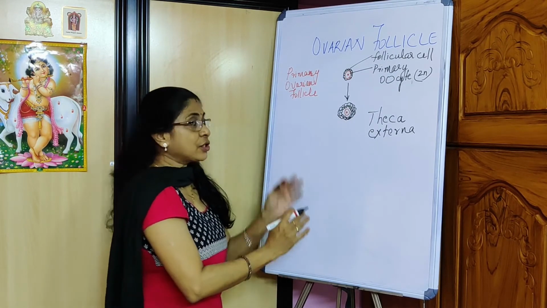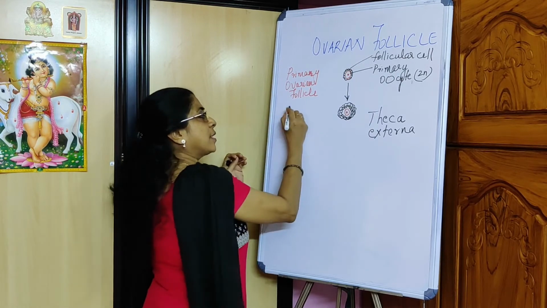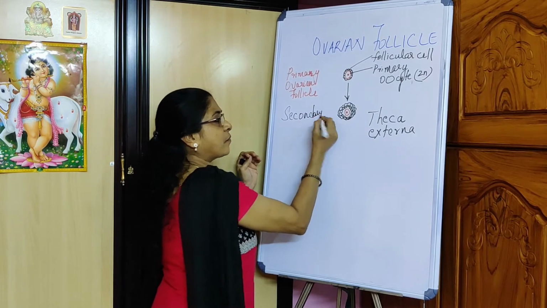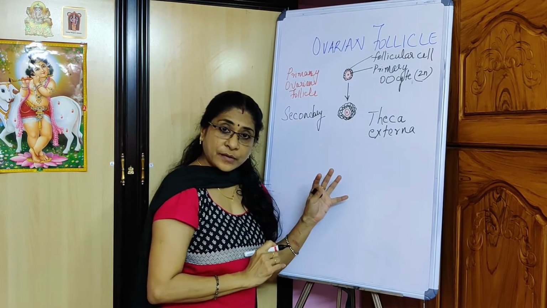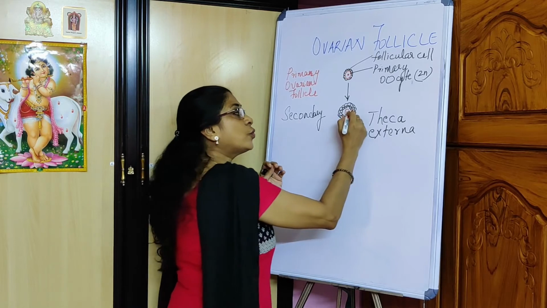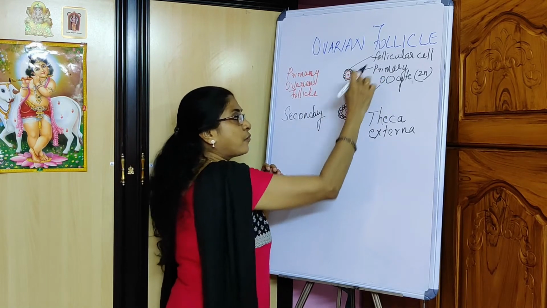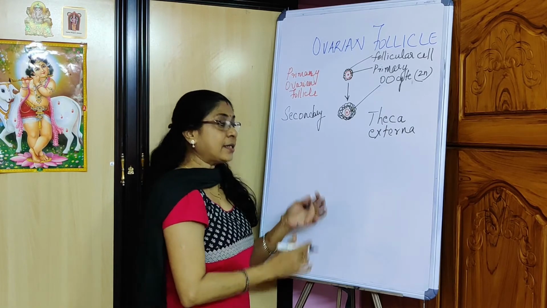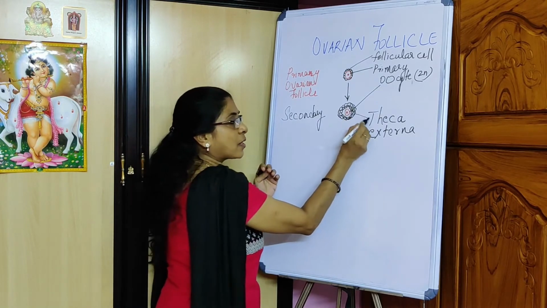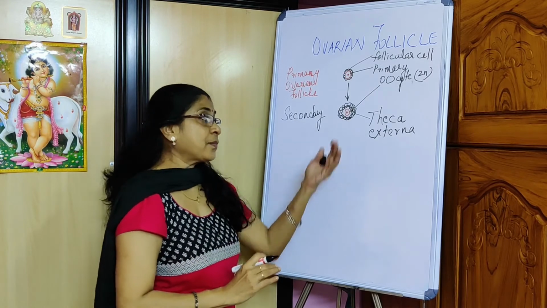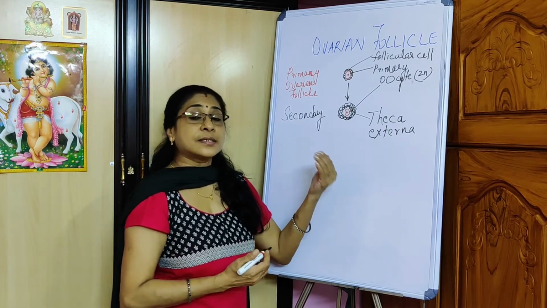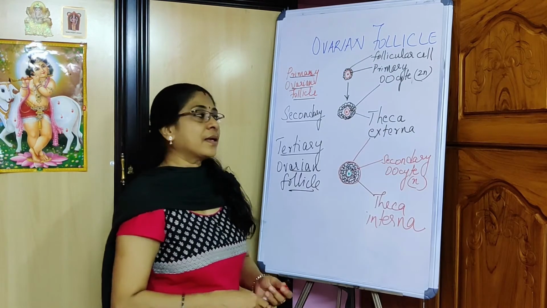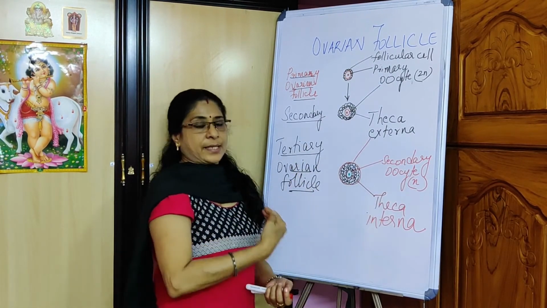At this stage, the ovarian follicle is known as the secondary ovarian follicle. So the secondary ovarian follicle has two layers of follicular cells and one primary oocyte inside, along with a layer called the theca externa, which is derived from the stroma of the ovary. Let us see what happens next.